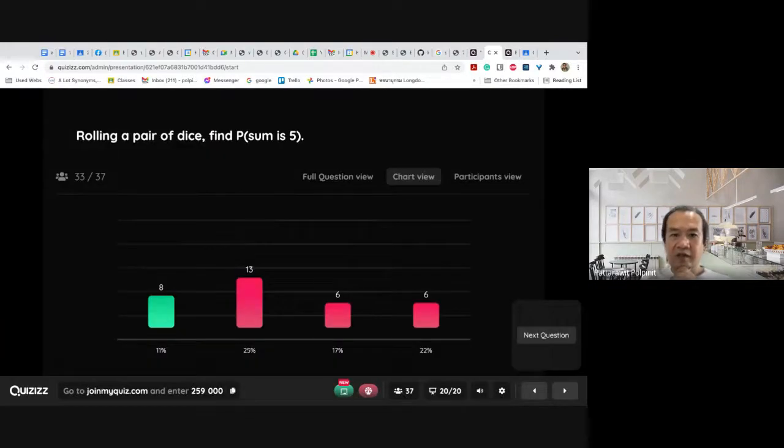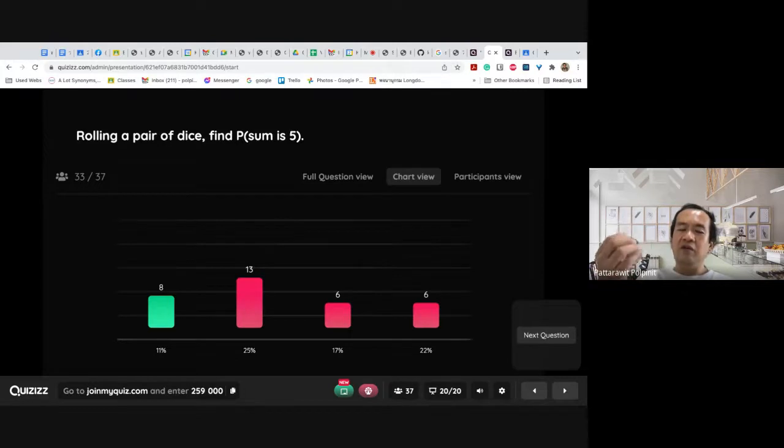Sorry. Okay, so rolling dice, the sum is 5. Again, all the possible outcomes are 36, but the sum is 5. So if the first one is 1, the second is 4. Then 2, 3, then 3, 2, and then 4, 1. That's it.